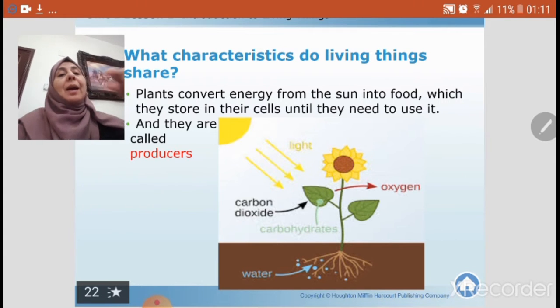Okay, how? Because it needs energy, as all organisms need energy, but it takes it directly from the sunlight.